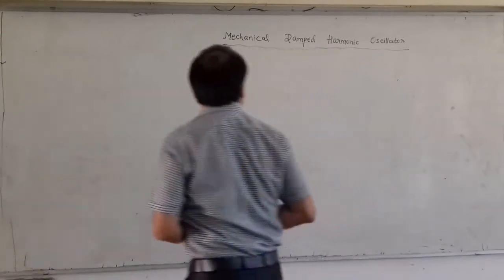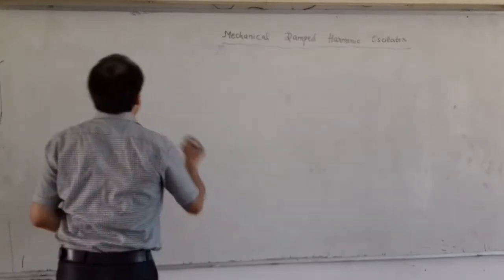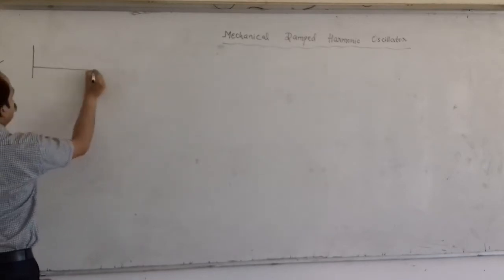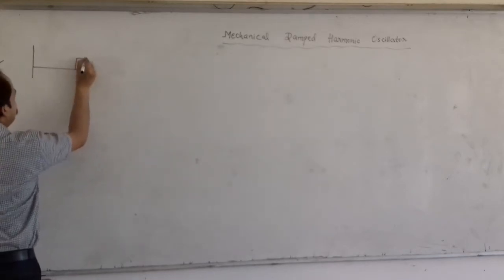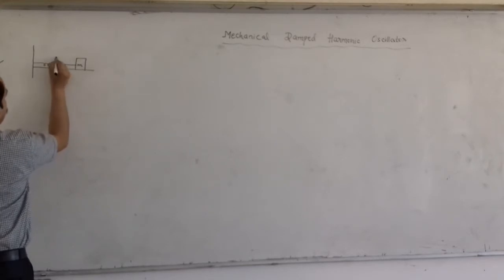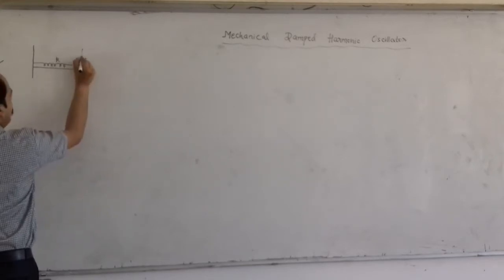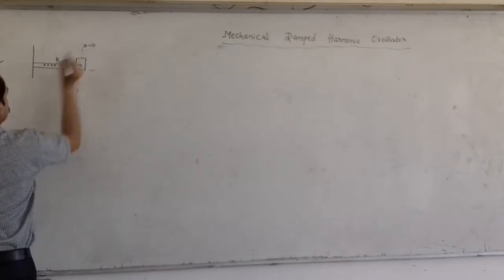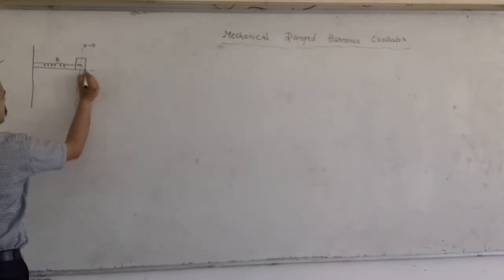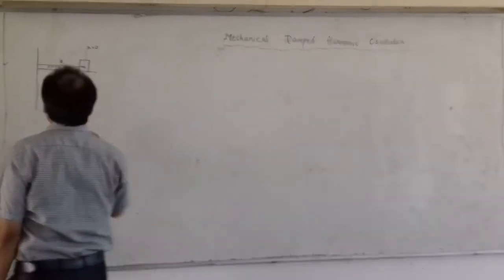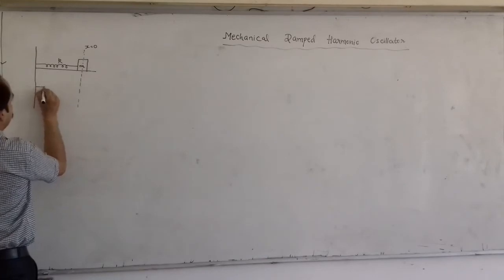So let us discuss the mechanical damped harmonic oscillator, and let us consider a body of mass m attached to a spring of spring constant k. Let this be the equilibrium position, x equal to 0. Let the body be displaced towards the right, and let the displacement from the equilibrium position be x.